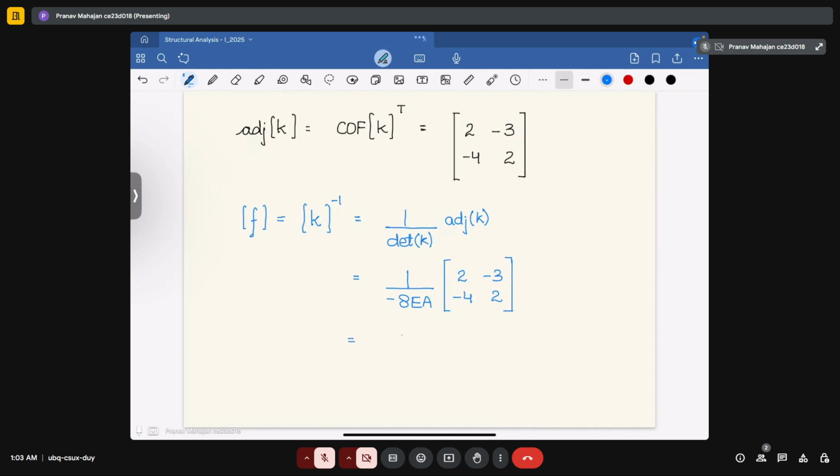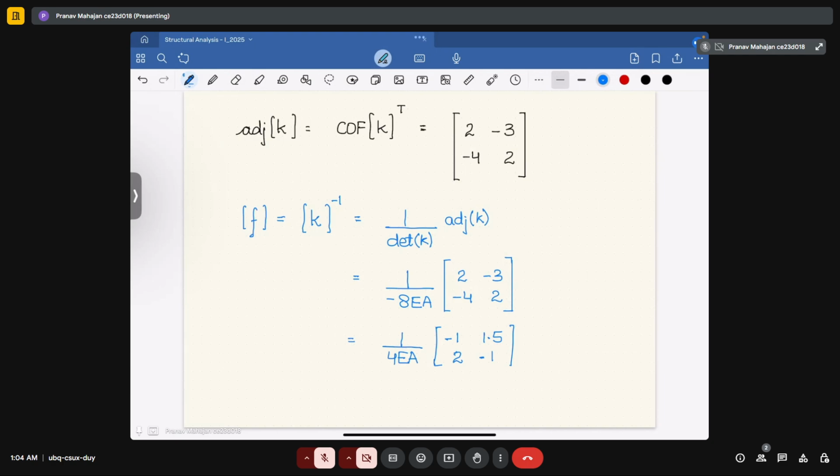If we take 1 upon 4 EA outside, that will give you the matrix with entries minus 1, plus 1.5, plus 2, and minus 1.